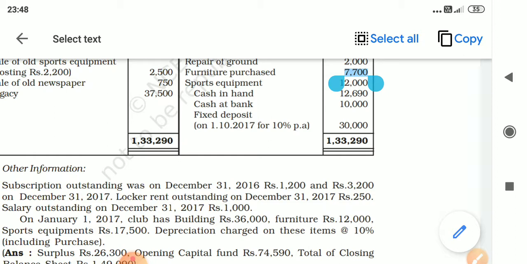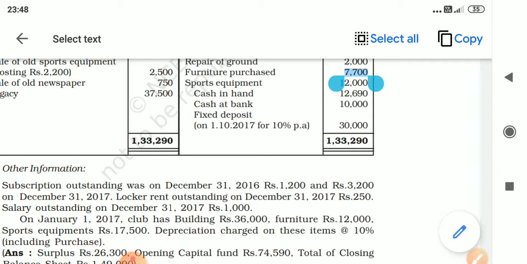From 19,700, we have to calculate depreciation of 10%. So that comes to 1,970. Now this 1,970 will appear on the expenditure side of the income and expenditure account.